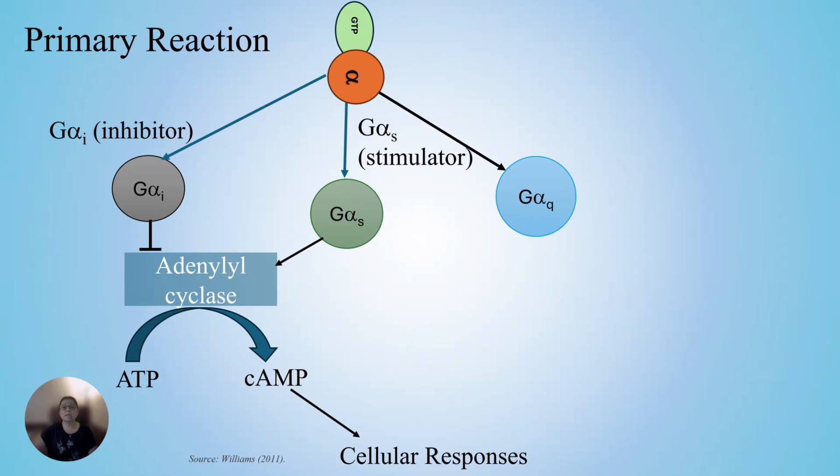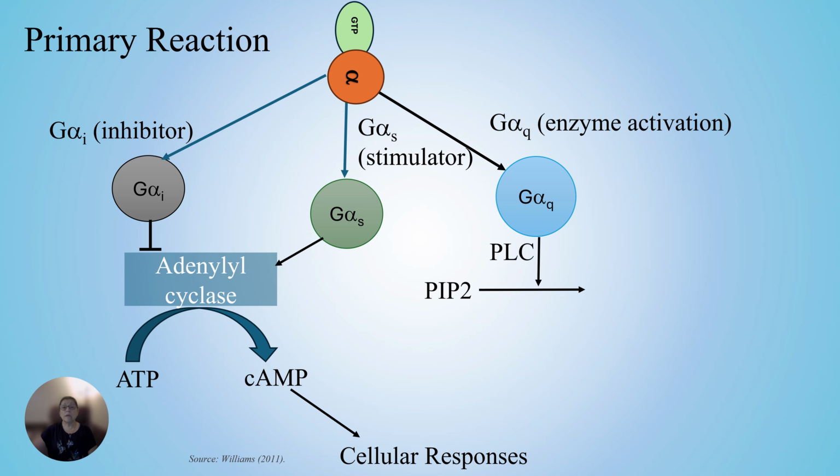The next one is a G alpha Q enzyme activation. In this one, we have the PIP2, and it will be cleaved with the reaction of a PLC. Once it is cleaved into two subunits, the first subunit is the IP3.